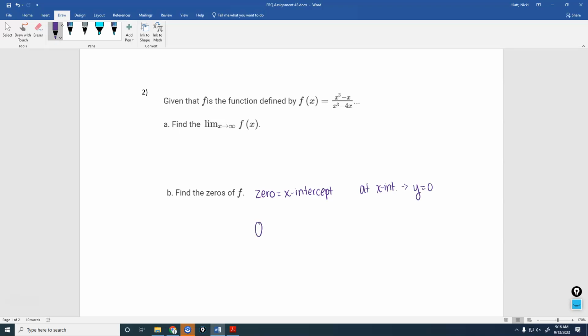So we're looking at 0 equals x to the third minus x over x to the third minus 4x. So, what's the only way that that can be 0?